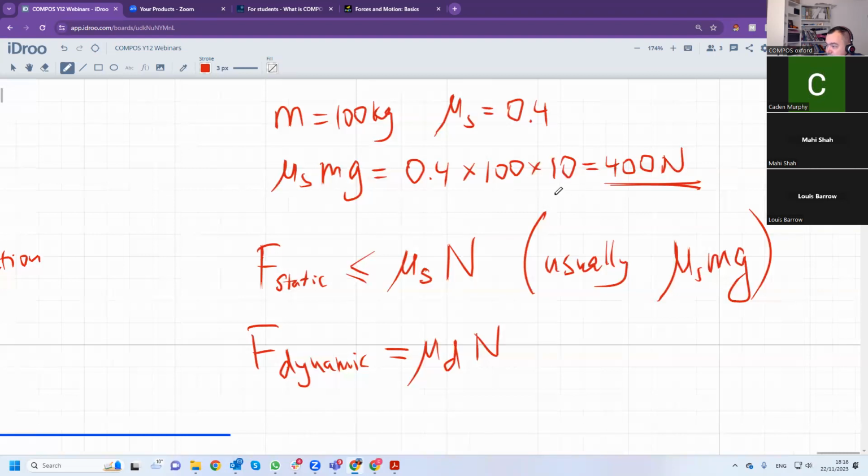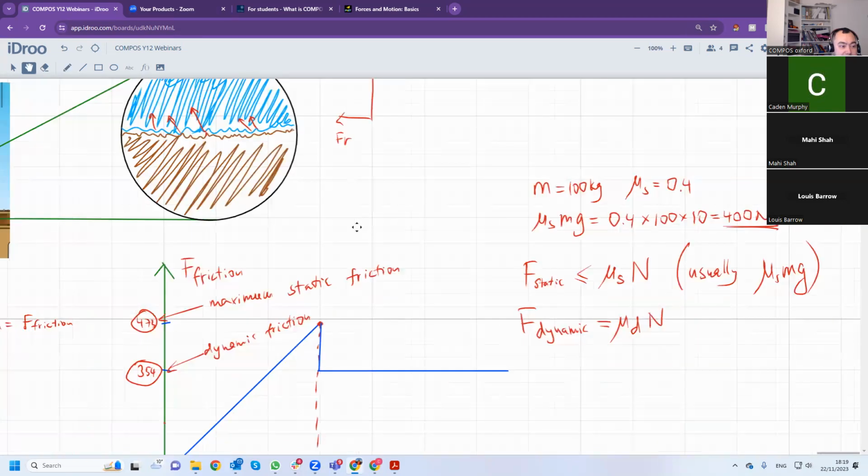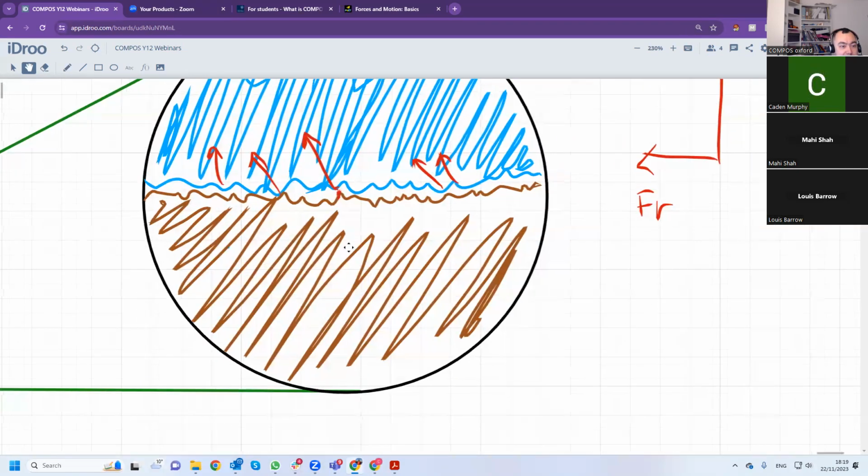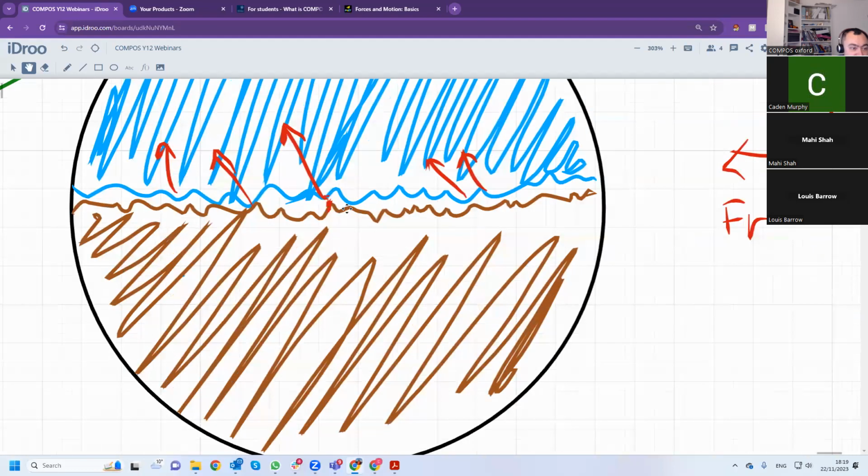Raghav, why does the friction force drop so abruptly rather than gradually? Well, because we're still pushing. Usually what happens is the sharp edges literally break down when you push, and these corners break, so they give way.